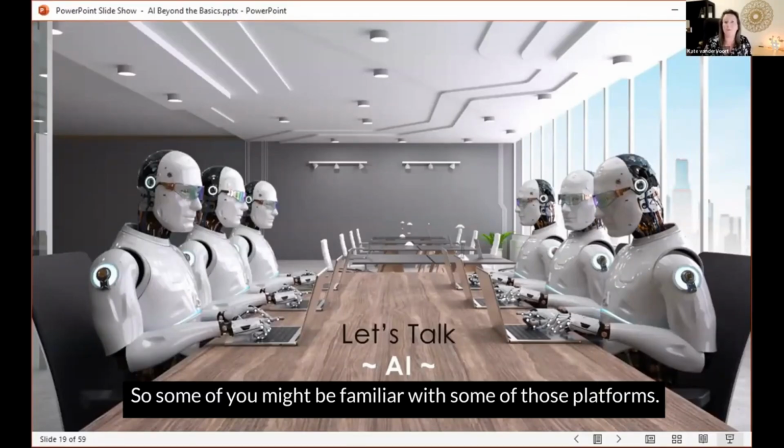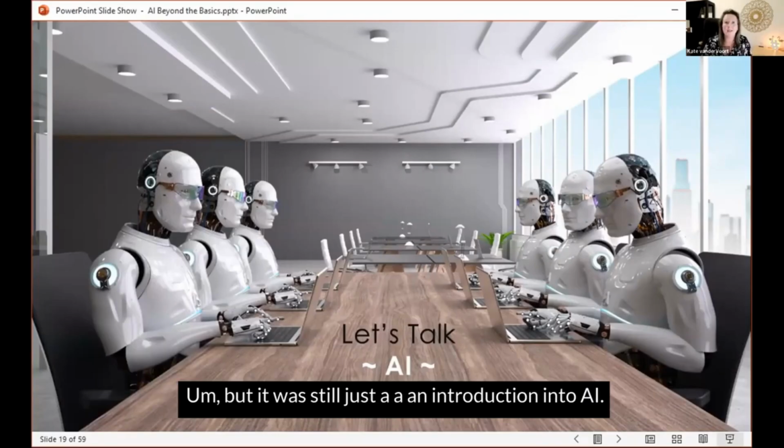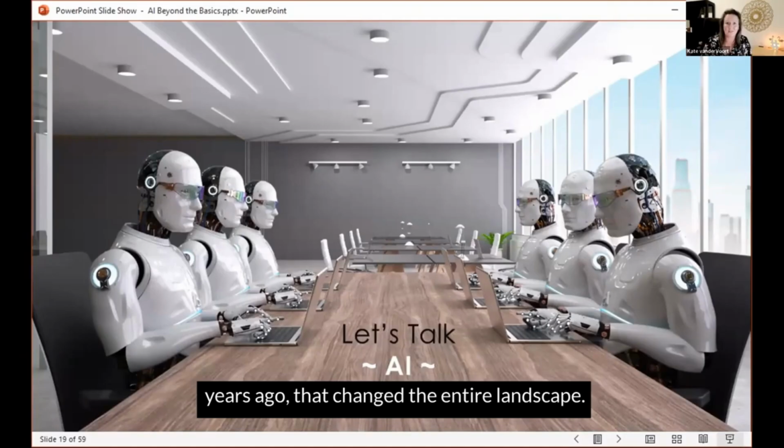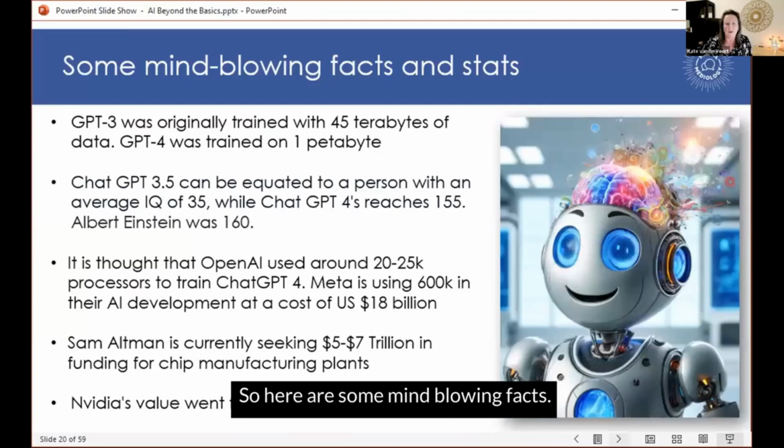So some of you might be familiar with some of those platforms. But it was still just an introduction into AI. And then when ChatGPT launched in November the year before last, so less than 2 years ago, that changed the entire landscape.